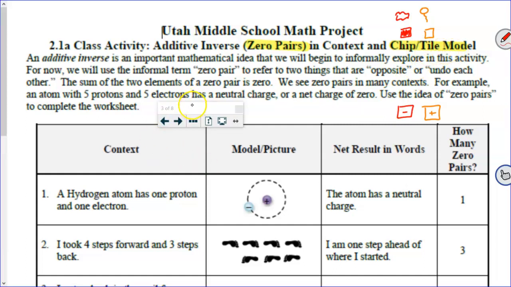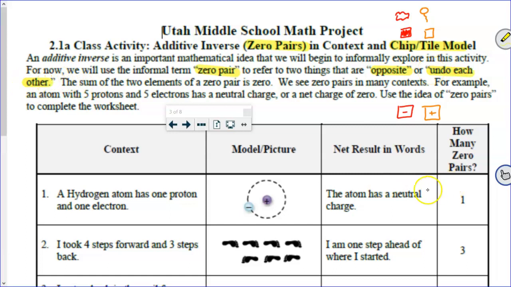And it says for now, we will use the informal term zero pair. Zero pair is not necessarily informal. Zero pair is still a pretty technical term, but we'll use that, focusing on that terminology as we progress through this unit. But really truly, what zero pair refers to are two things that are opposite or that undo each other.